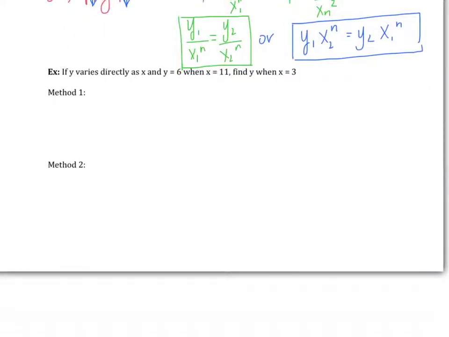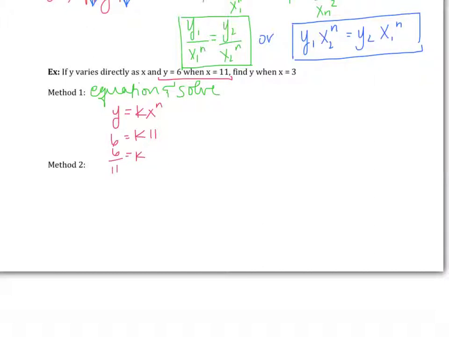The first method is to write an equation and solve it. We look at the basic equation y equals k x to the n, and use the values I know for my first equation, 6 and 11. y varies directly as x. When y is 6, x is 11. So I have 6 for y, k, and x to the n is 11. I divide both sides by 11, so k equals 6 over 11.